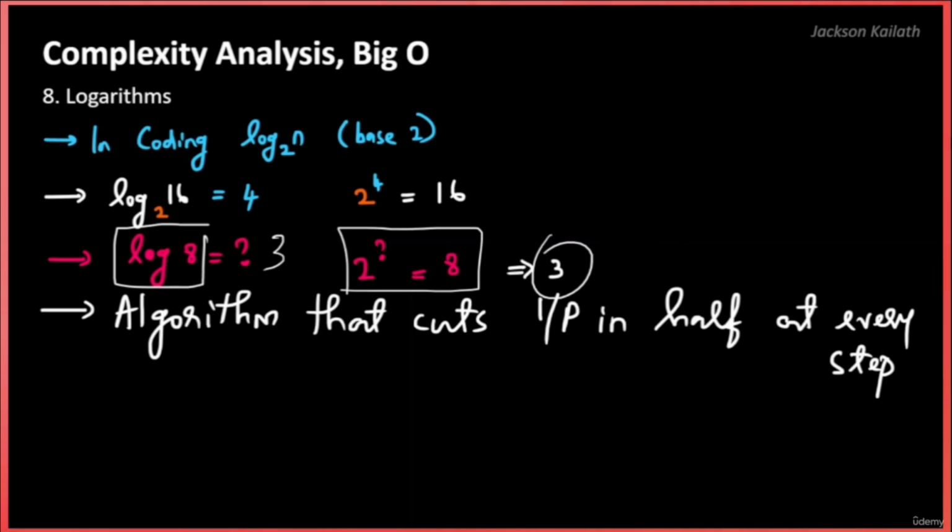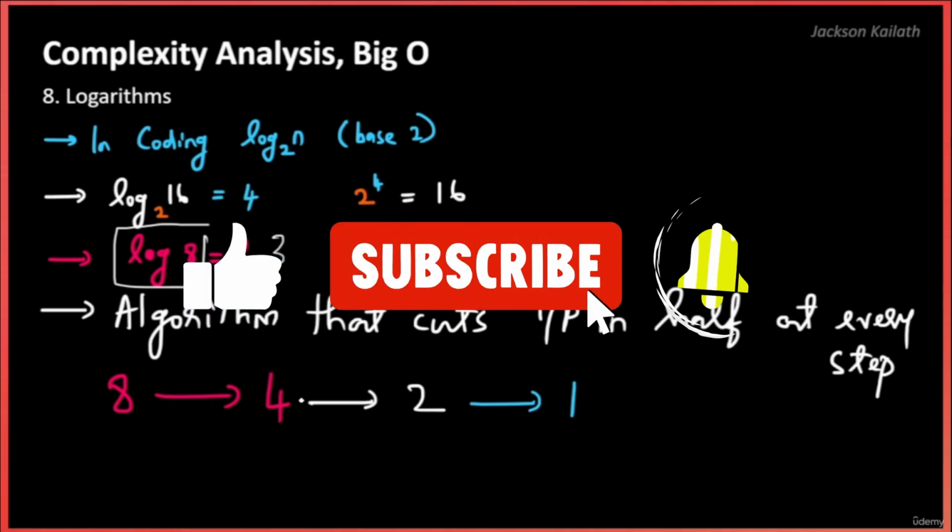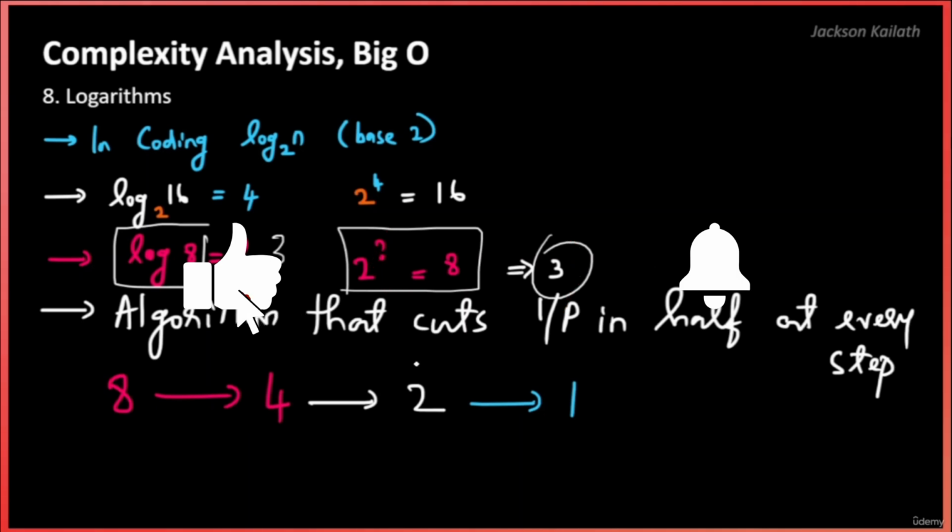Let's say we have 8 elements and we are searching for some element. We will see this later when we discuss binary search, but let's say at every step we can eliminate half of the remaining input. So initially we start with 8 things to search through. Then after one step we only had to search through 4 more things. Then after one step we narrowed down to 2 things, and then we narrowed down to 1 thing.